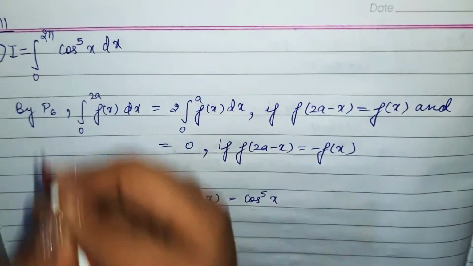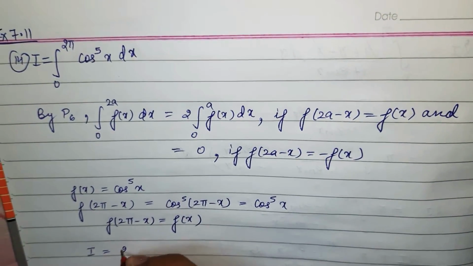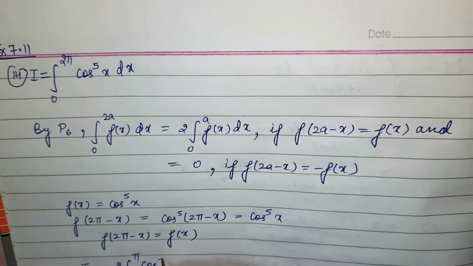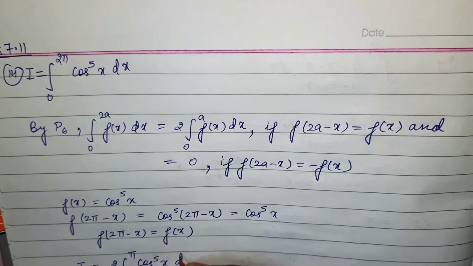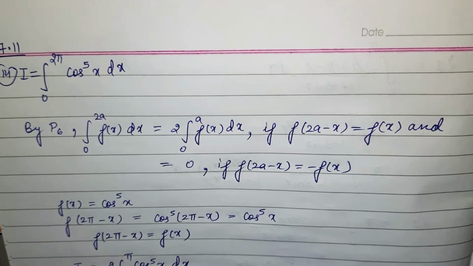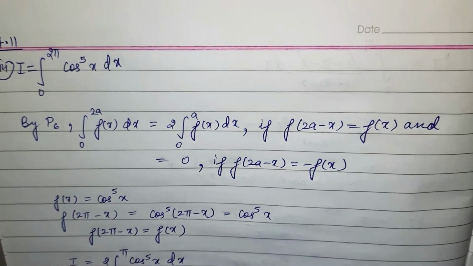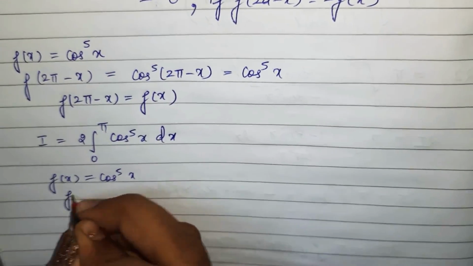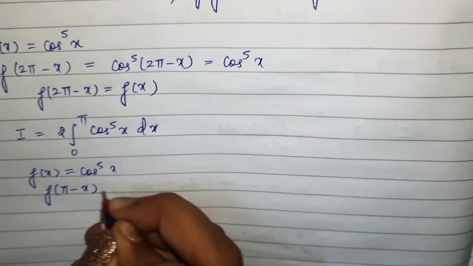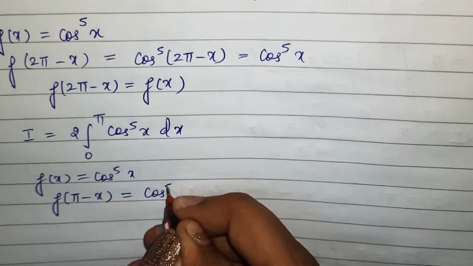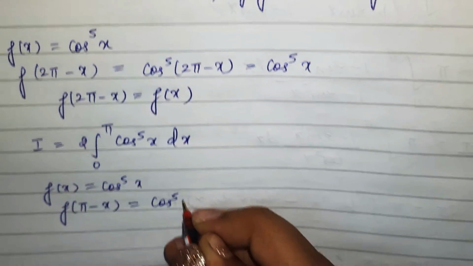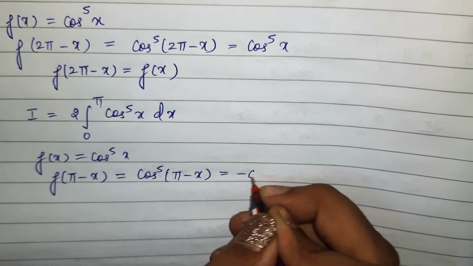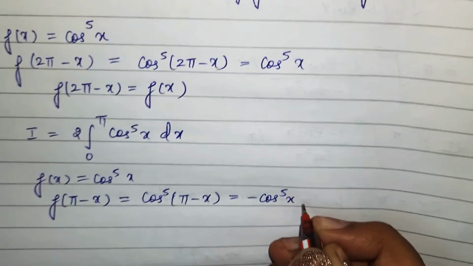So your I will become twice of the integral from 0 to pi of cos 5x dx. Again apply P6. If I am taking f of x as cos of 5x, then f of pi minus x, which is cos of 5 times pi minus x, will give you minus of cos 5x.